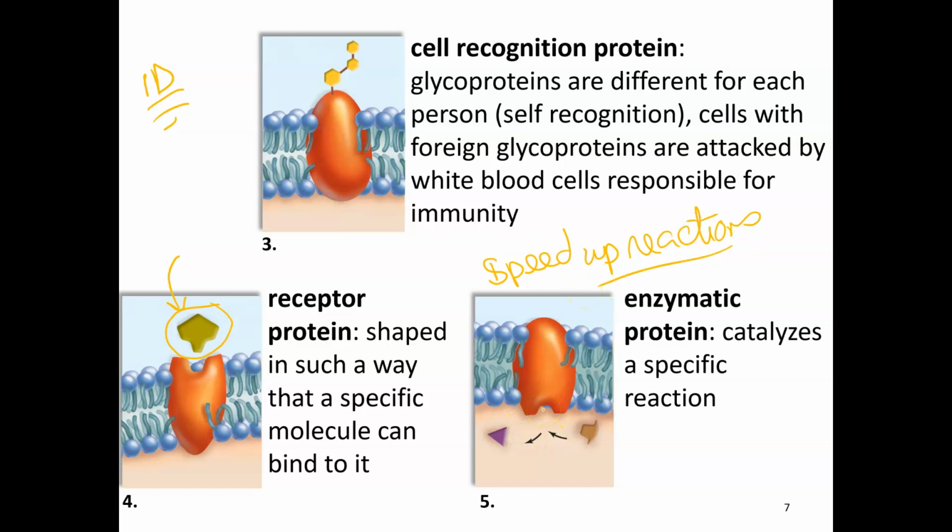And enzymatic proteins, this one is shown as an integral protein, but enzymatic proteins can be proteins that are peripheral. They might be found on one side or the other. Receptor proteins can also be peripheral proteins.